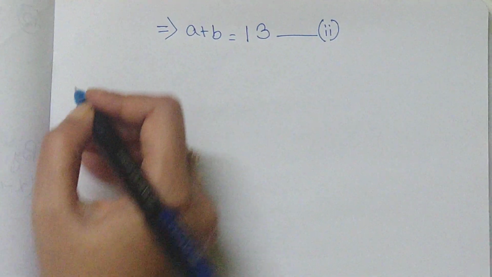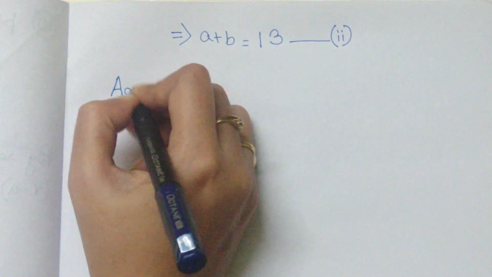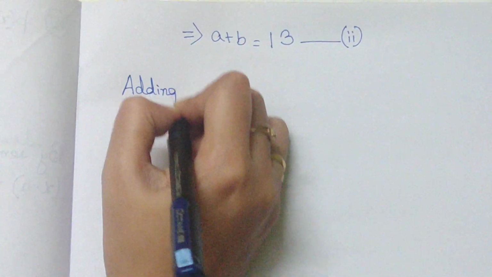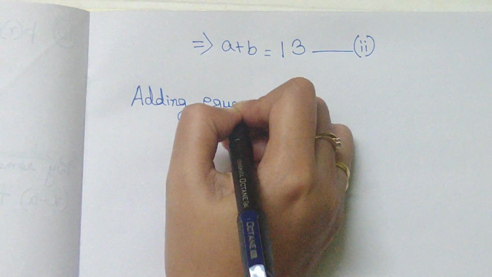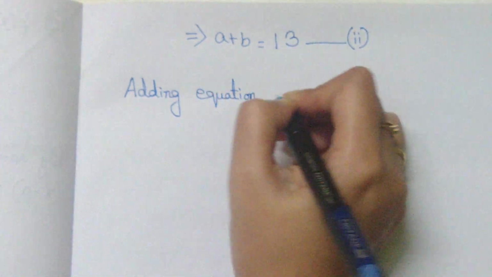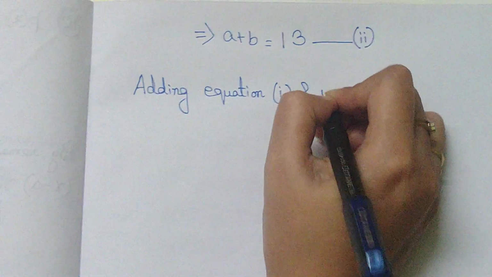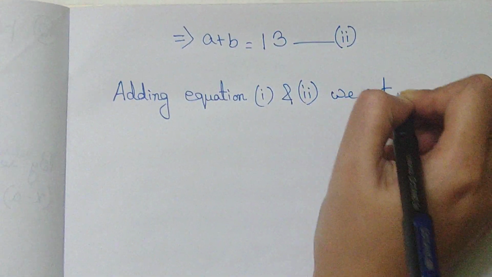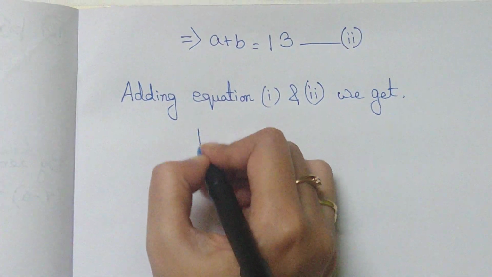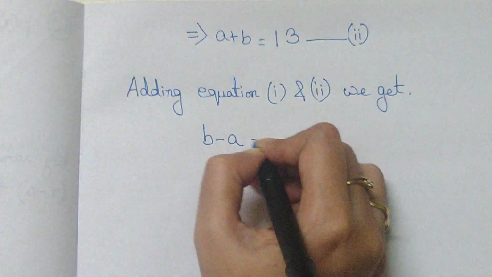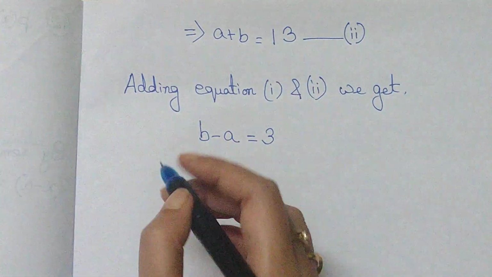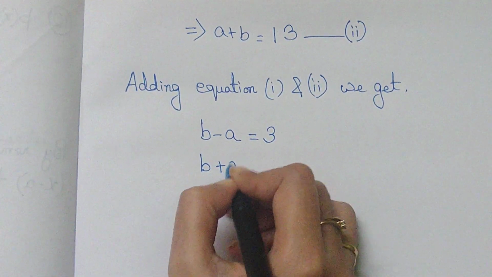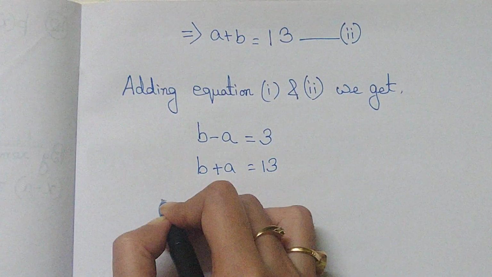Now we are going to solve equations 1 and 2. We will simply add them up. So adding equations 1 and 2, we get, first I am writing equation 1, b minus a equals 3, and over here I have b plus a equals 13.